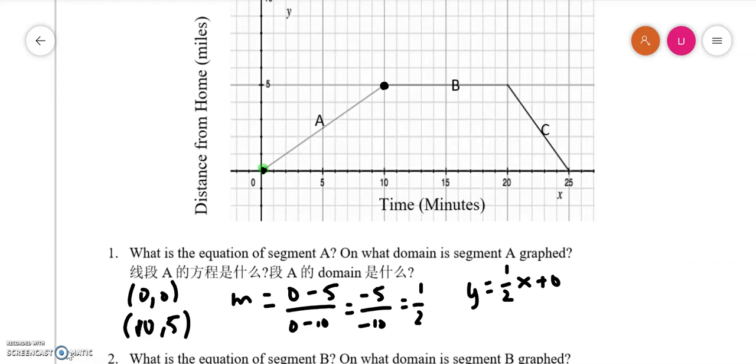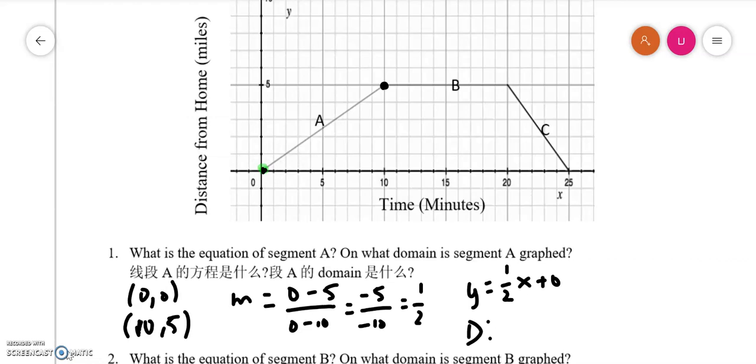The second half asks, on what domain is segment A graphed? So remember, we know that there are different parts to this graph. So for segment A, what x values does it exist for? And we can see that segment A only goes from x equals 0 over on the green point.